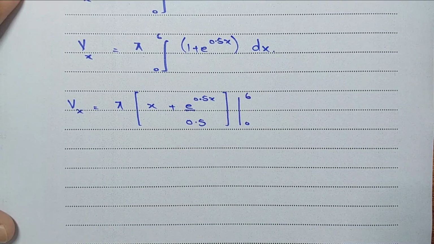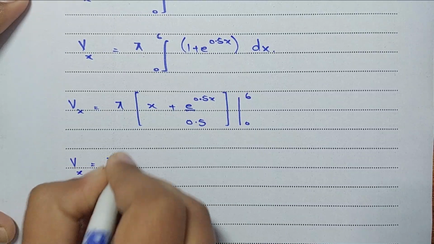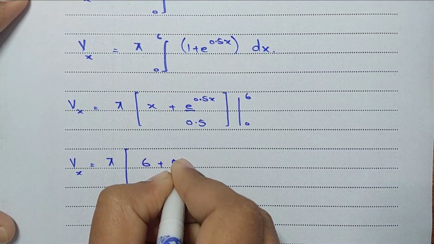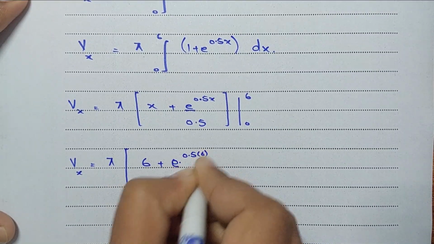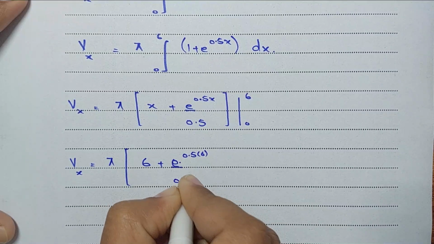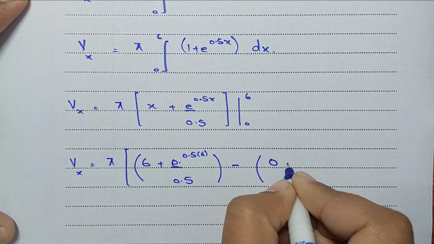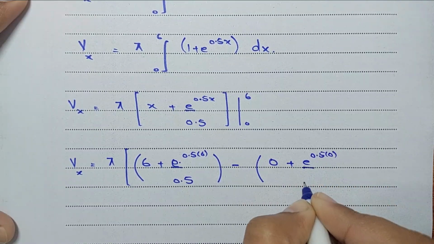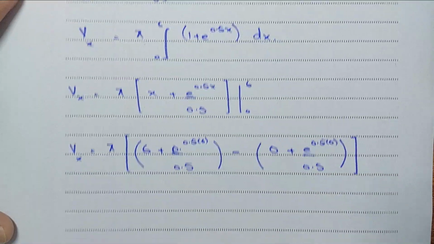Okay, let me substitute the limits. Pi is outside, we take the upper limit, which is 6 plus e to the power 0.5 times 6 divided by 0.5. This is the upper limit. Subtract the lower limit, x is 0 plus e to the power 0.5 times 0 divided by 0.5. This is the lower limit.